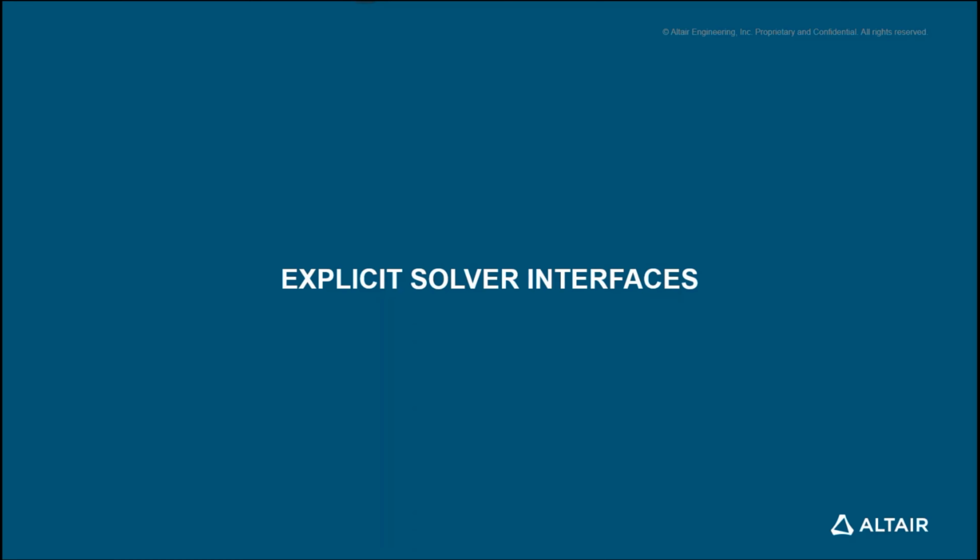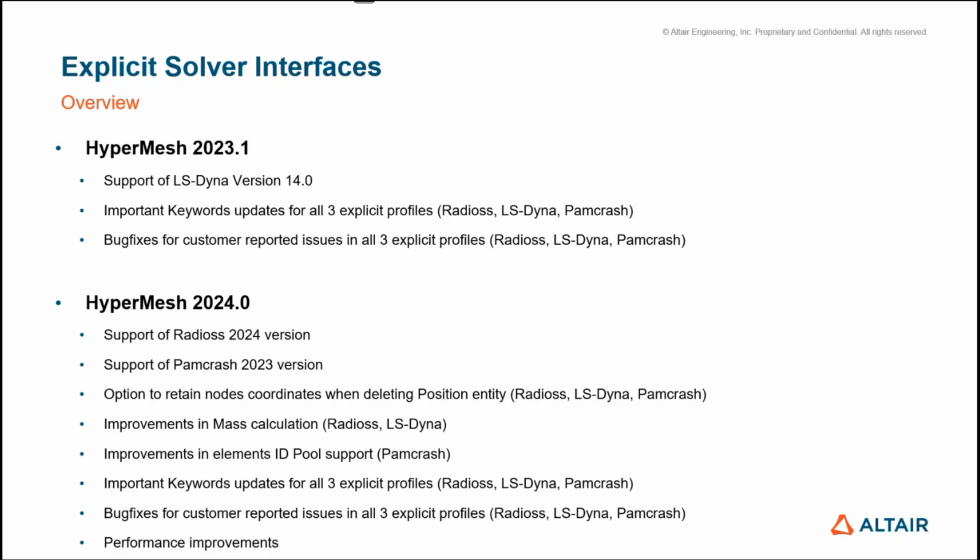So moving forward with the explicit solver interfaces improvements, I will just give you now a global overview on the most important items that we have worked on as part of 23.1 and 24.0. From 23.1, we have added the LS-DYNA 14 solver version support.